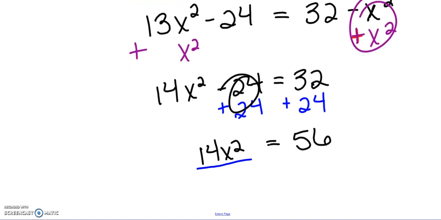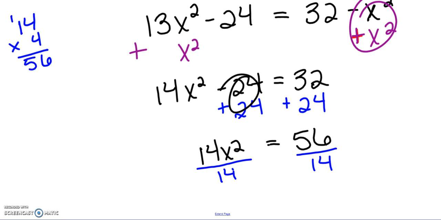And when I divide, 14 actually goes into 56 4 times. So x squared equals 4. And when I square root both sides, x is just equal to positive or negative 2.